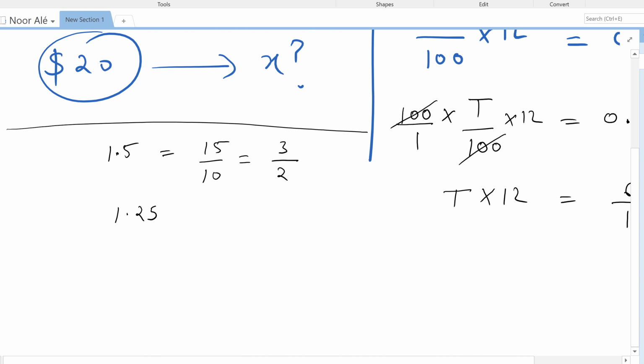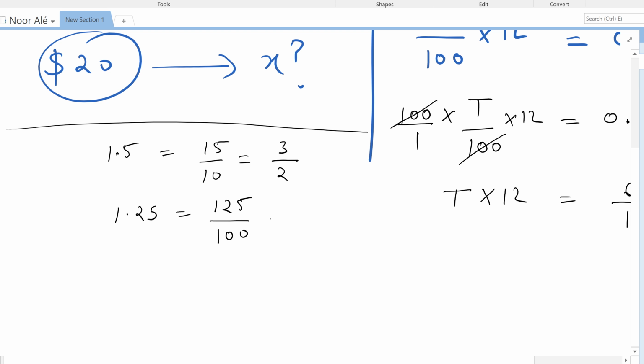Now 1.25, that means $1.25. We can write it over 100, because we have two digits after the decimal, on the right side. So you put two zeros at the bottom. So 1.25 is the same as 125 out of 100.